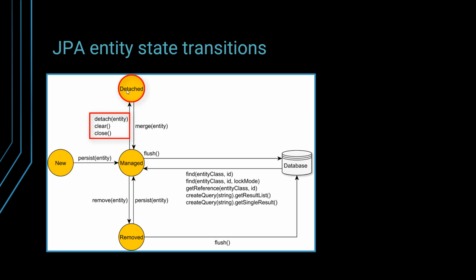If you make further modifications on that entity, they are not going to be propagated to the database because the entity is detached. What you need is to reattach it, and for that you can use merge, for instance. I'm going to explain how that merge works further on.